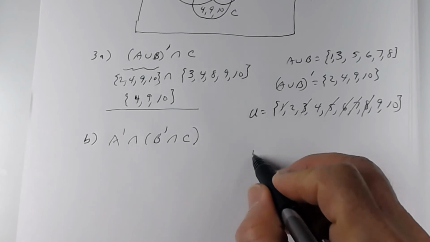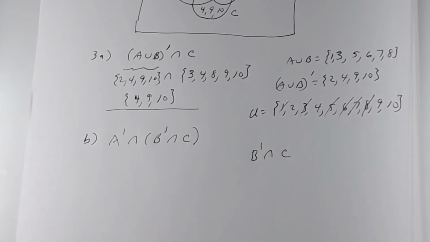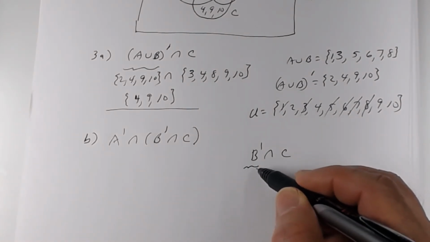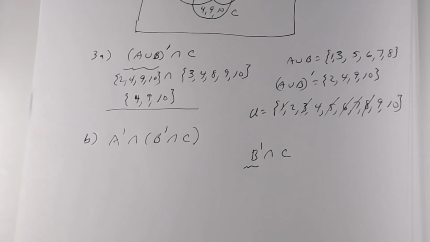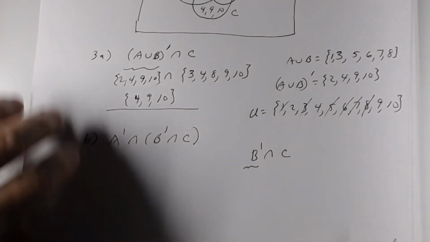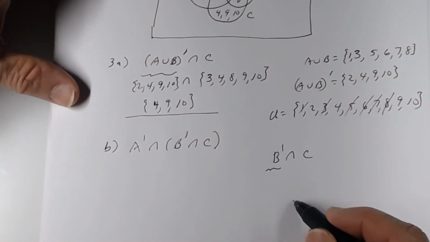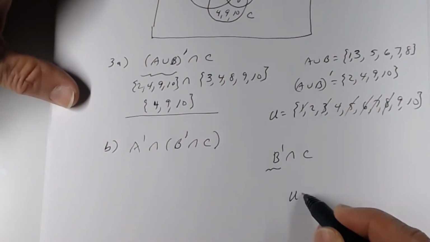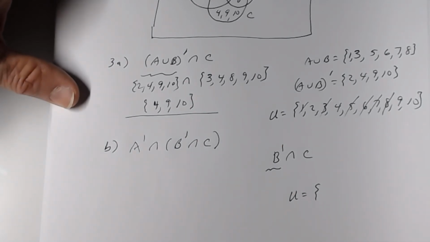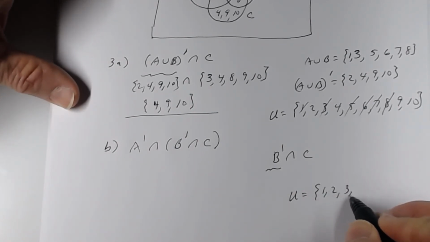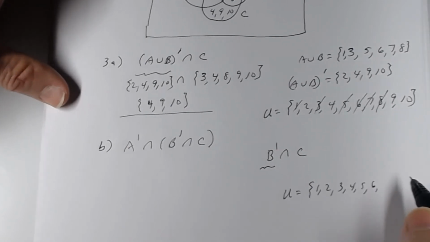Inside the parentheses, you have B complement intersect C. The way I would do that is list those in roster form. B complement means everything in the universal set but not including the elements of B. Let me rewrite the universal set, because sometimes it helps if you rewrite it and cross things out. So I'm going to go ahead and list those.